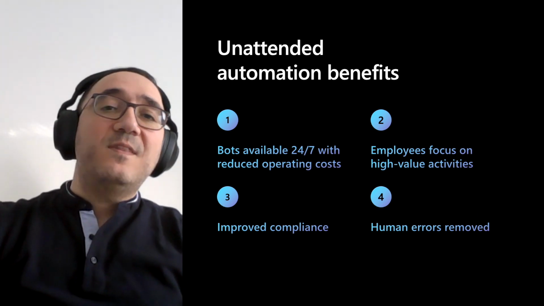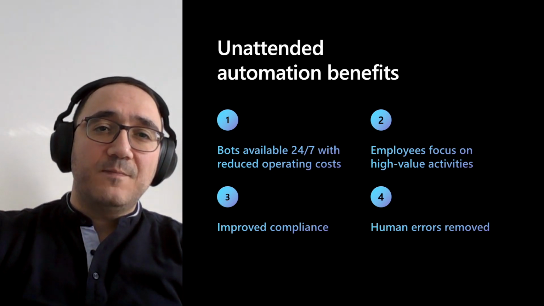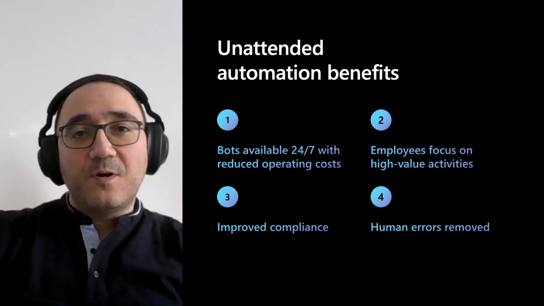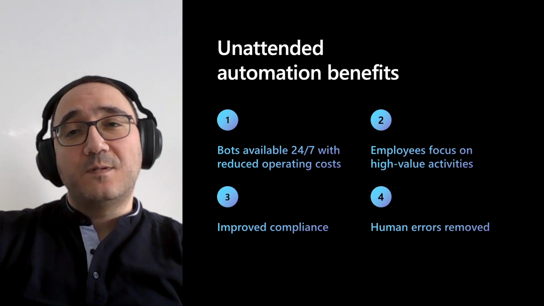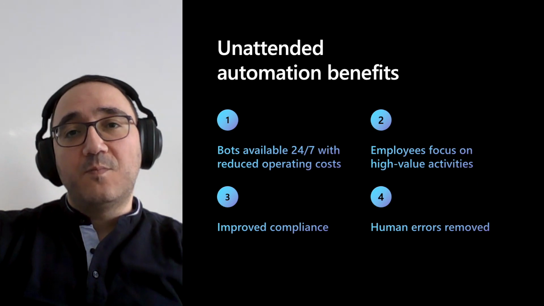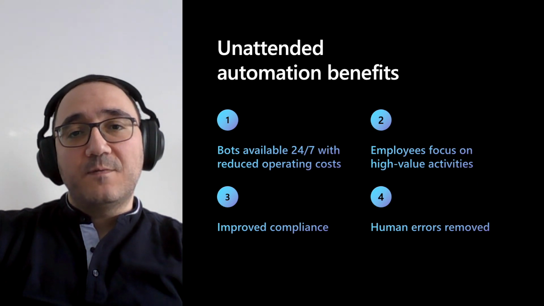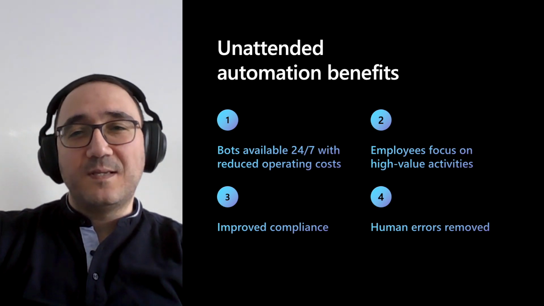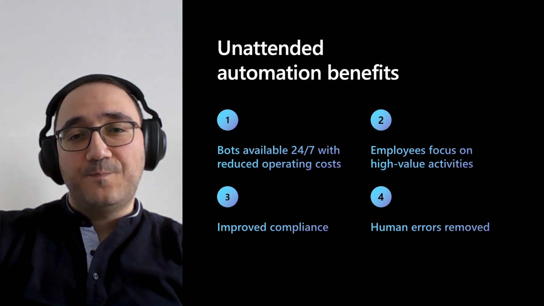Indeed, given that no human is required to run unattended RPA, it can be deployed on a large number of machines and operate 24 hours a day, 7 days a week, improving the ROI immediately. It frees employees from repetitive tasks like collecting, sorting, or populating data for them to focus more on high-value activities.